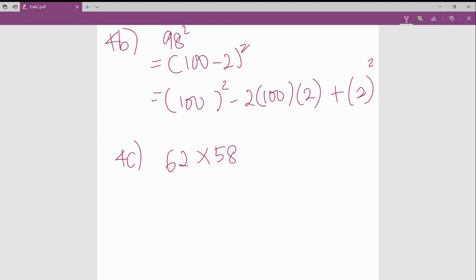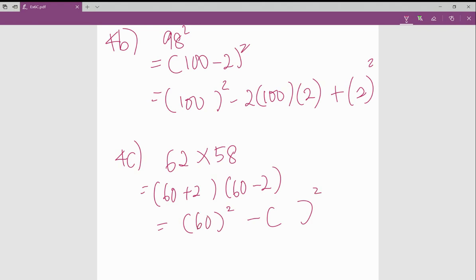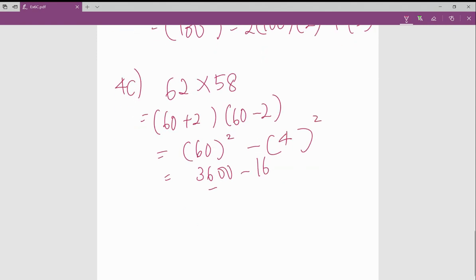If you notice, you can rewrite this as (60 plus 2)(60 minus 2). So (a plus b)(a minus b) equals a squared minus b squared, which is 60 squared minus 4. 60 squared is actually 3600, minus 4, and then you can find the answer.